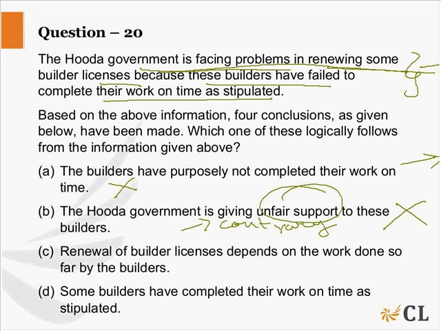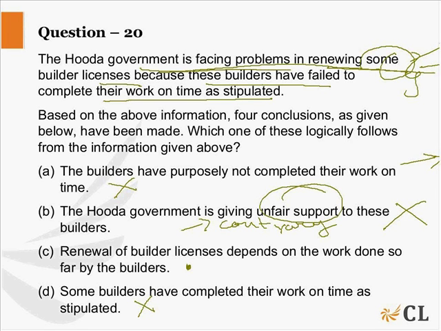Renewal of builder licenses depends on the work done so far by the builders. Yes, this looks like an answer. Some builders have completed their work on time as stipulated. See, when it is saying in renewing some builder licenses, I cannot assume that some have not done. If I say some A is not B, I cannot definitely say that some A is B, because there always exists a possibility that no A is B. It might be that this some is the entire lot in the matter.